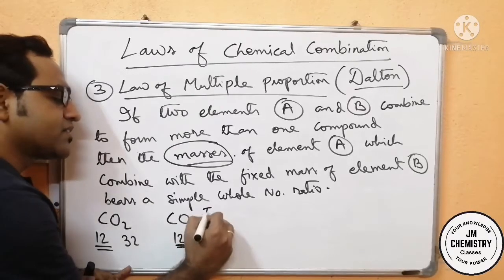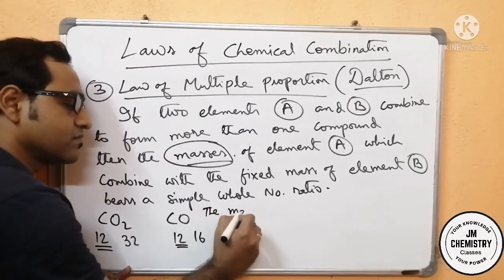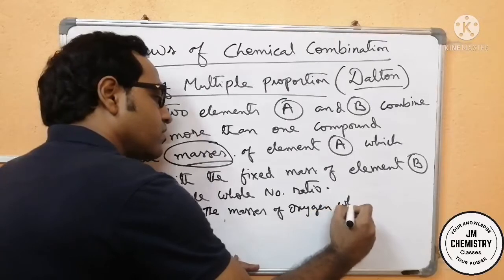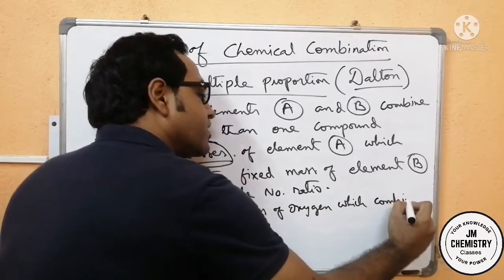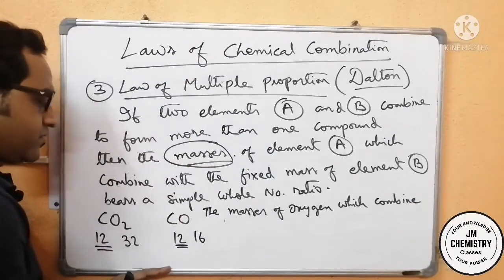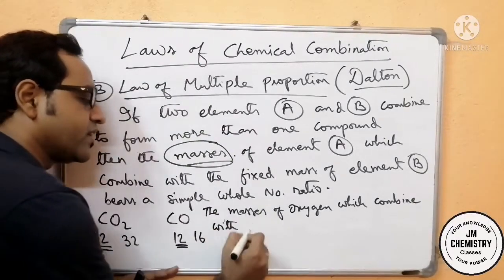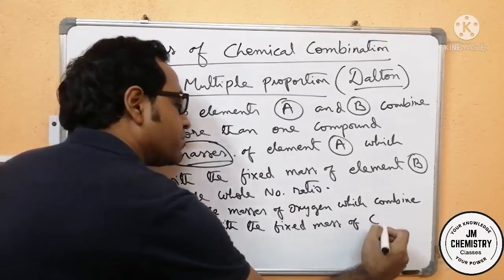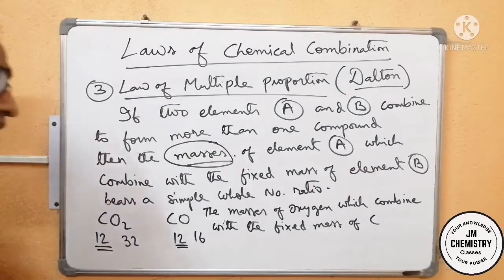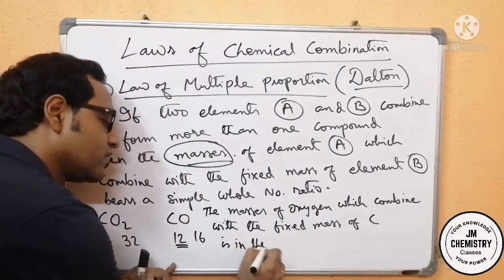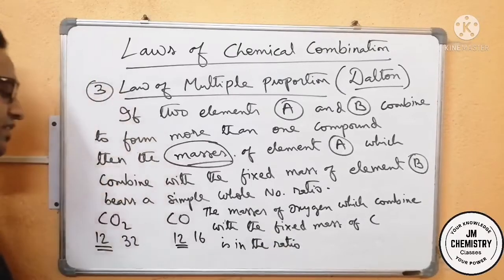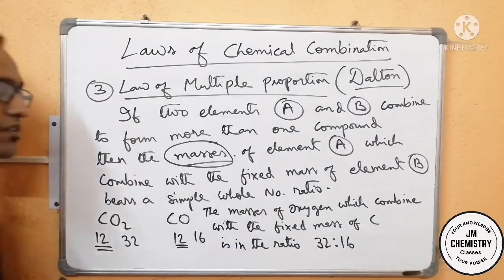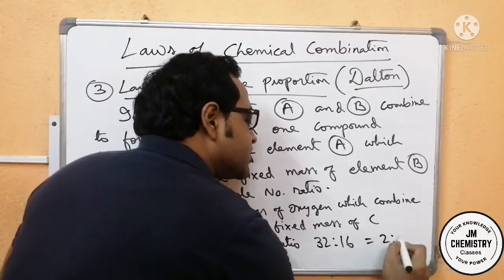So we will write the masses of oxygen which combine with the fixed mass of carbon is in the ratio 32 is to 16. That is simple whole number ratio 2 is to 1.